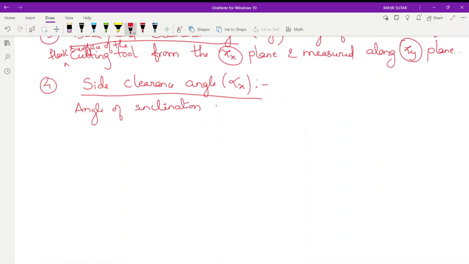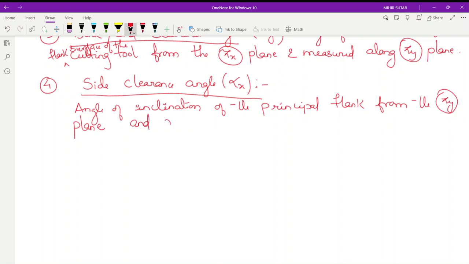Angle of inclination of the principal flank from the pi y plane and measured along pi x plane.